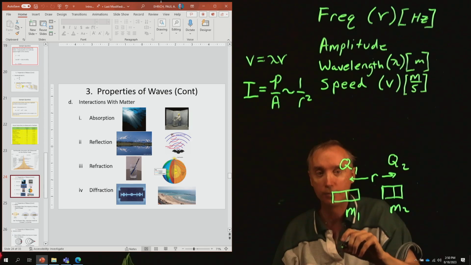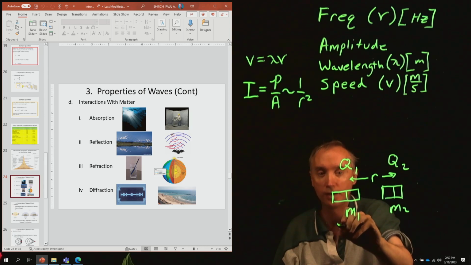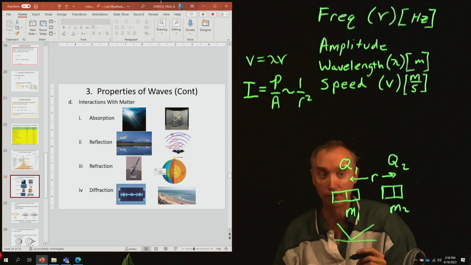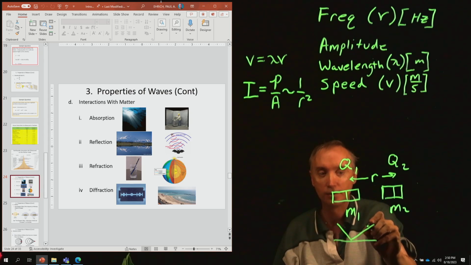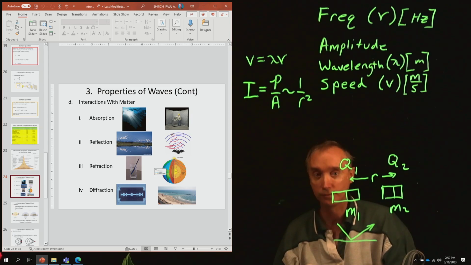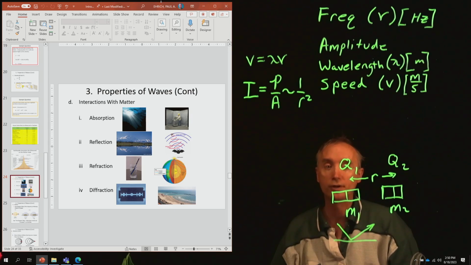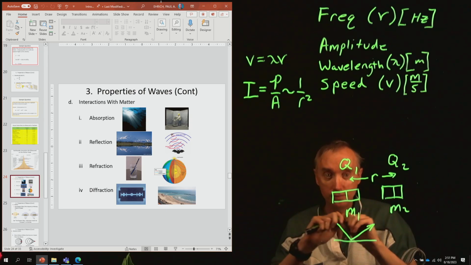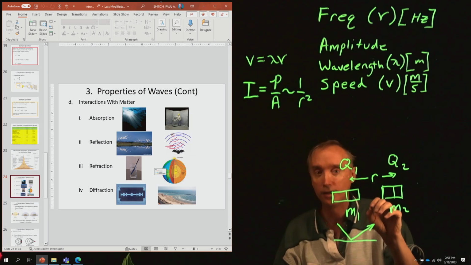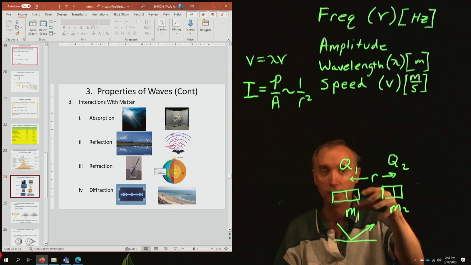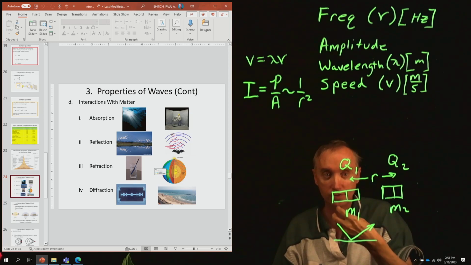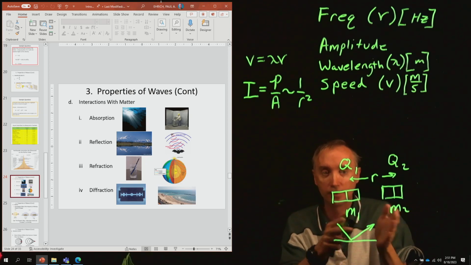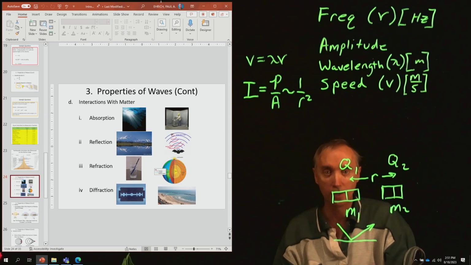A light wave can bounce off of something, like a mirror, and that's an example of reflection. You can also have reflection with sound waves. There's a picture of a bat emitting sound waves, which bounce off the bug and come back to the bat so that it can locate where the bug is.